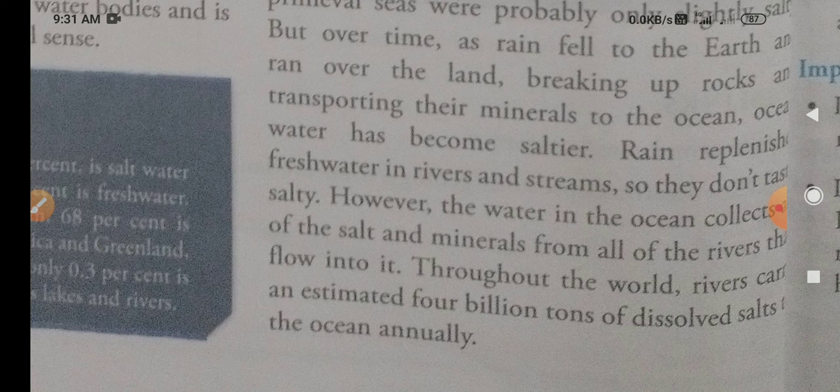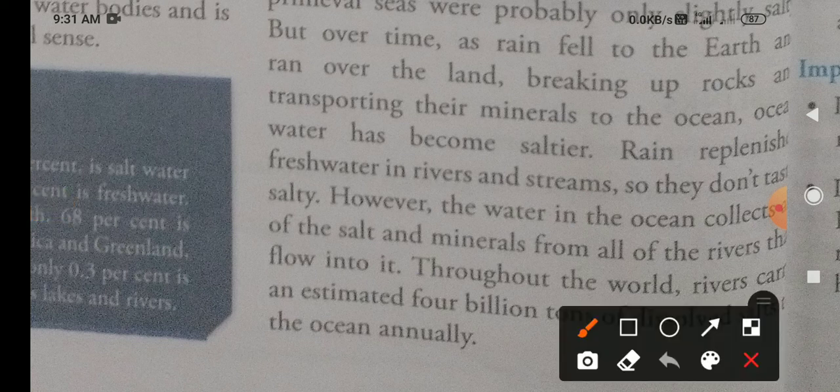So you can see it is a really surprising thing. All the rivers of the world are depositing about 4 billion tons of salt annually. Every year that much salt is dissolved in the ocean water. So ocean water is getting saltier and saltier year after year.